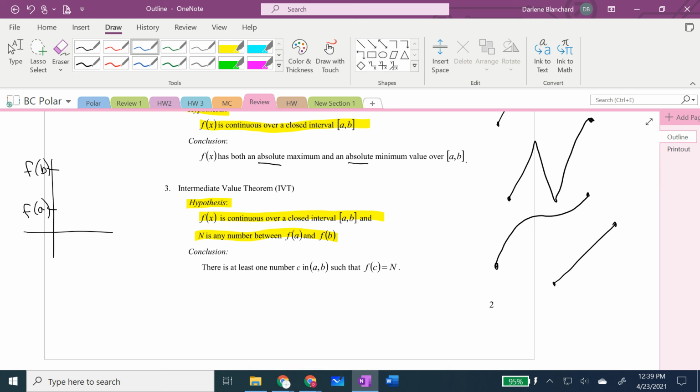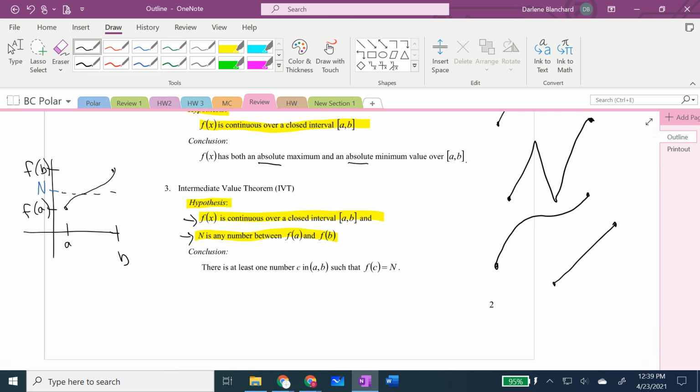If you are asked whether there is some number that occurs over the time frame between time A and B, the only requirement is continuous and that number is between the f of A and f of B. If you are dealing with a continuous graph, you cannot get from point A to point B without crossing the n threshold. That is intermediate value theorem.